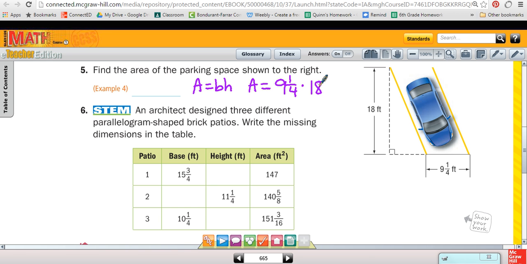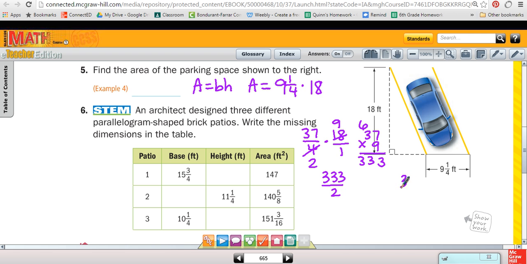So I have to change 9 1/4 to an improper fraction, so that would be 37/4 times 18 over 1. I'm going to cross cancel and divide by 2, there's the 2 and 9. So I need to take 37 times 9, which is 333. So I get 333 over 2.